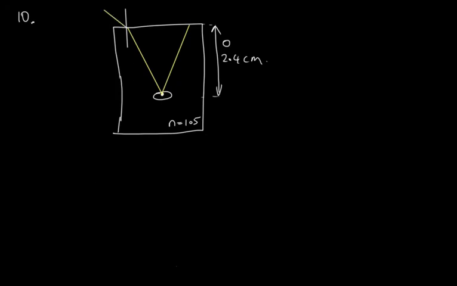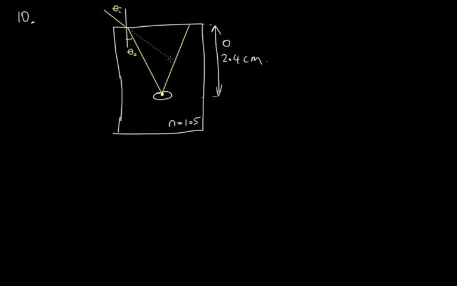So let's label these. Let's call this one theta O, theta for the object, and then this one here we'll call theta I, so theta for the image. Now what our eye imagines is that, rather than bending, our eye doesn't realize that the light bends.